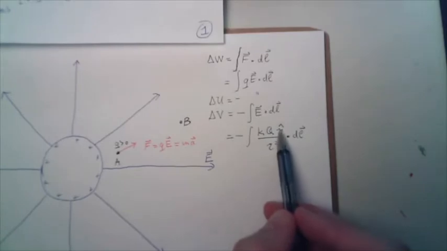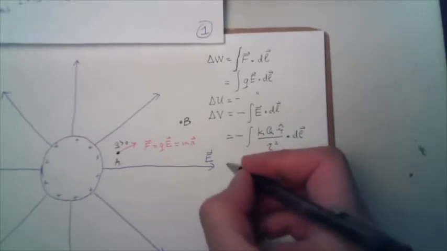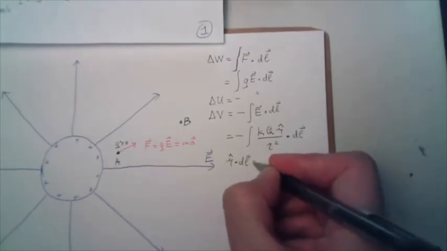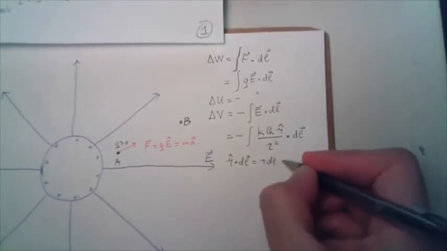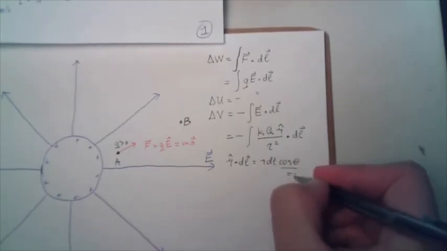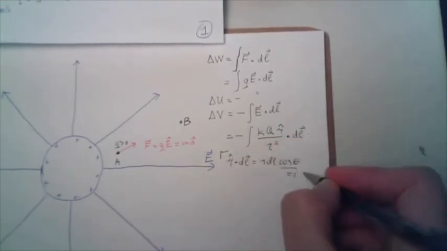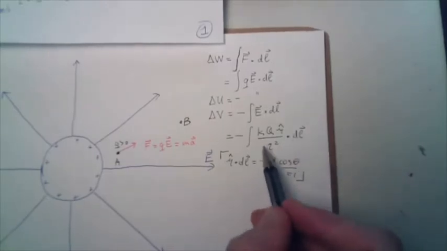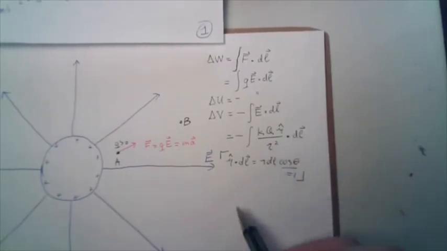So this r-hat dot dl, let me write that down, r-hat times dl is r dl cosine theta, and this is 1. Having established that, this integral becomes a little easier. The only thing that we need to integrate is this r squared.